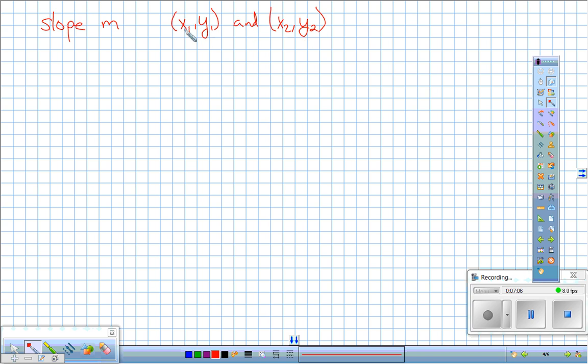Remember that the subscripts, the 1 and the 2's on the bottoms, are not exponents. Okay, and we have a few different ways that we try to remember slope. One of those is rise over run. So rise is up, down, and run is left, right.